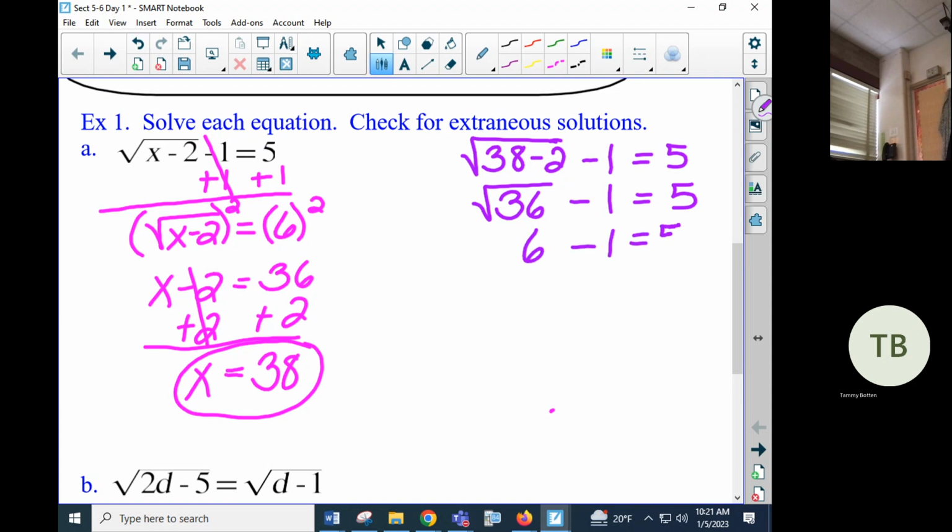And 6 minus 1 is 5. So that does check. If I was putting problems on here that were no solution, you have to check it. If you don't check them and you did the math right, you'd be fine. But it's a good idea to do that, even if you just did it mentally, to see if you did it correctly.